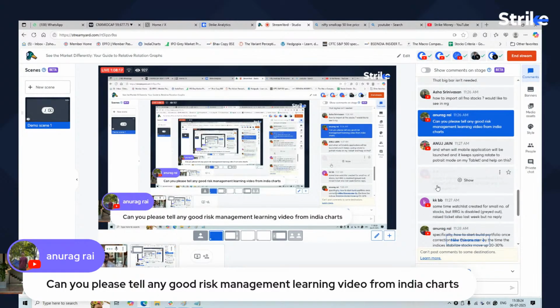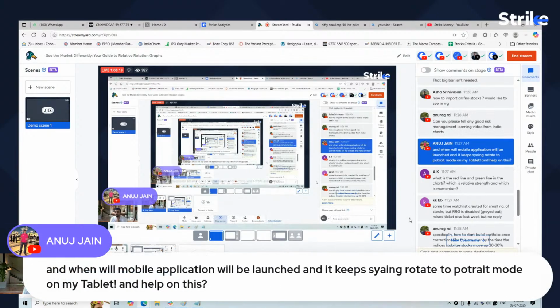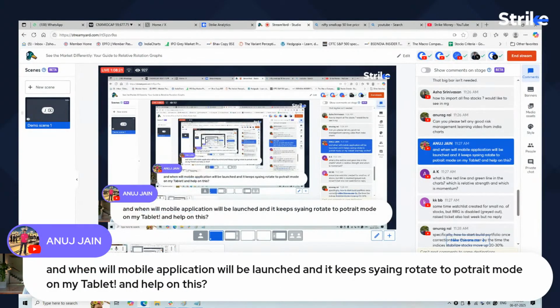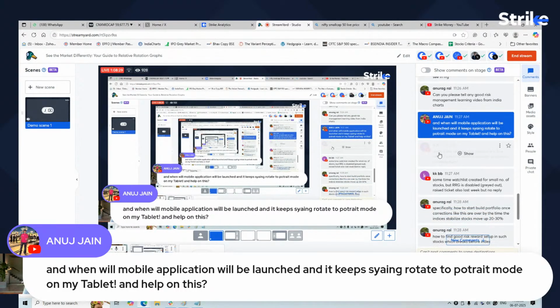And the mobile application is some time away, but we are working on it. Things are taking a little time, but that's on the cards now. Earlier we thought that we might not do that, but based on the feedback that we have got, I think we will be doing that.